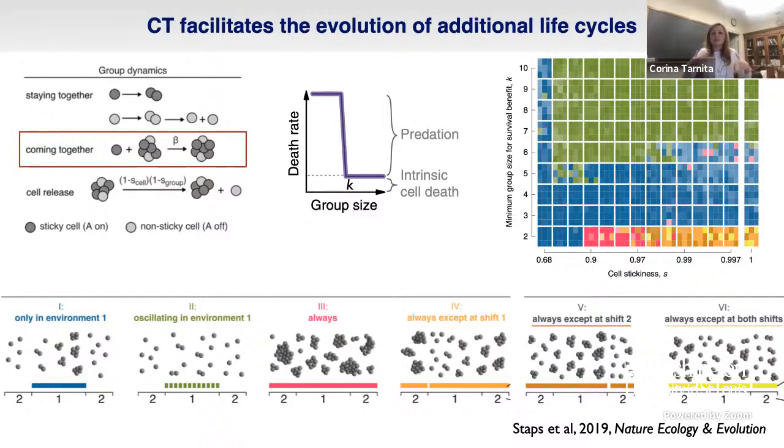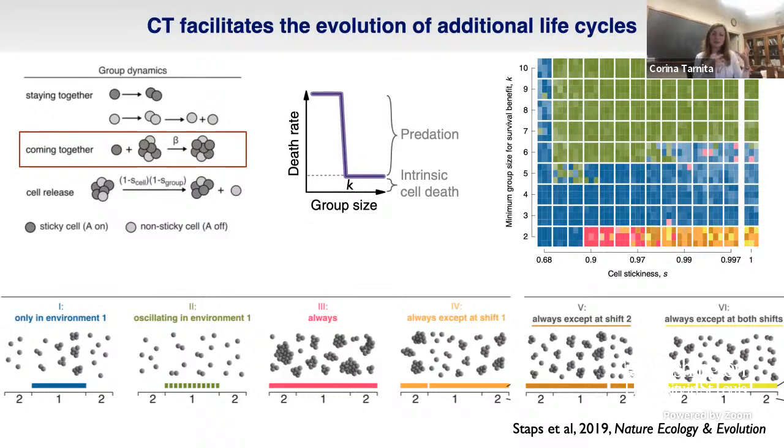So instead of just dividing very slowly and growing your group, now you have a bigger chance of doing it because you're also attracting or bumping into other single cells that can make you grow bigger. And so in some sense here, we observe the evolution of shorter life cycles as a kind of positive. Coming together facilitates the evolution of shorter life cycles, rather than the opposite way of thinking about it, which would be that shorter life cycles are a consequence of the fact that coming together can't maintain cooperation for long enough.